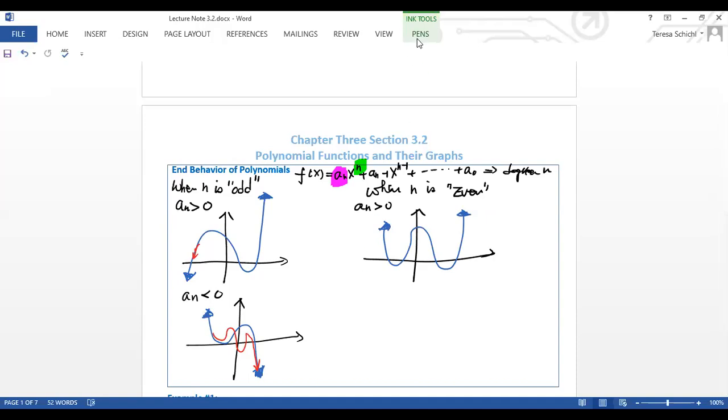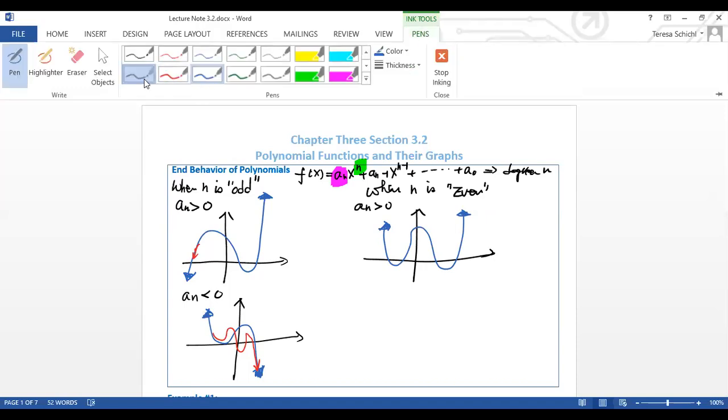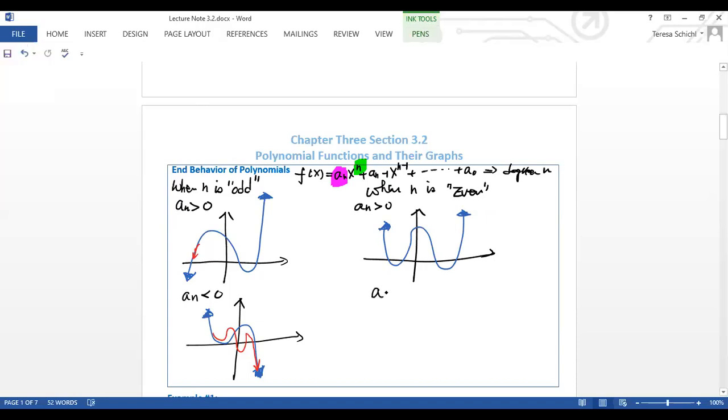It's just like the quadratic, where a greater than 0 opens upward. The same thing here. If a_n is less than 0, then both of your legs are going to go down. That is what we call the end behavior of polynomials.